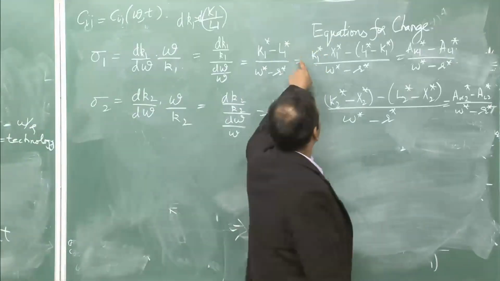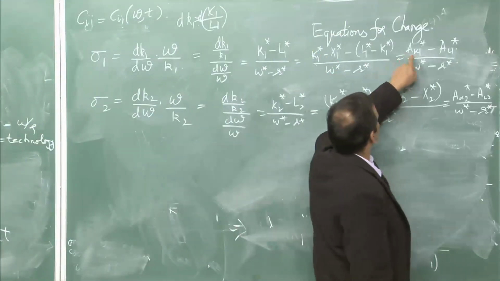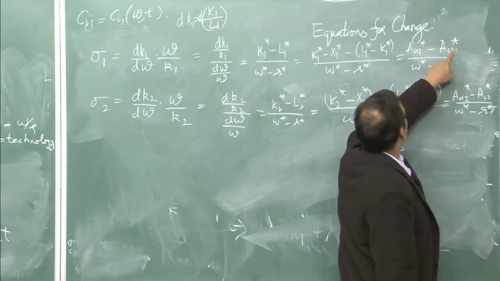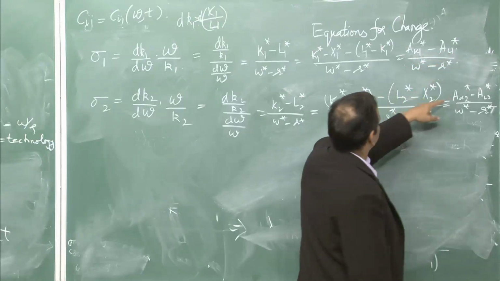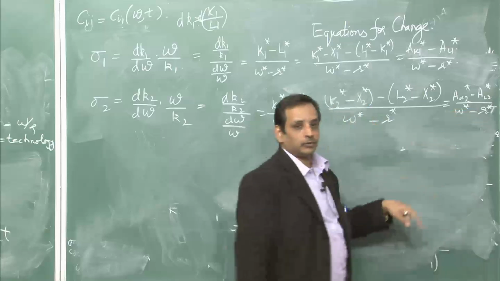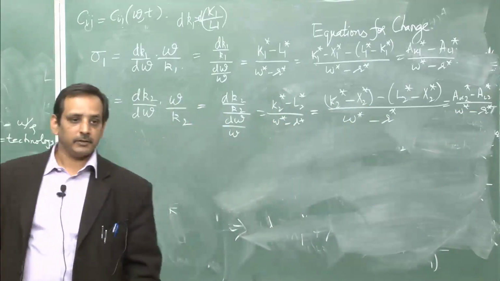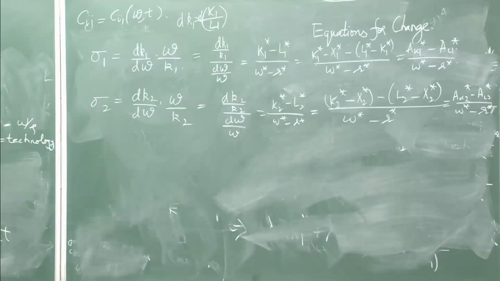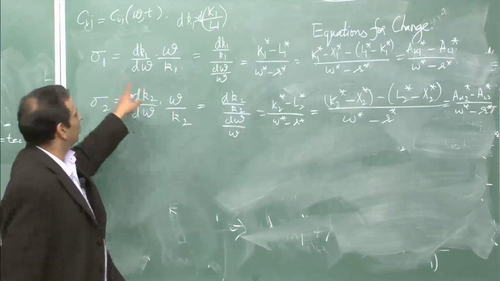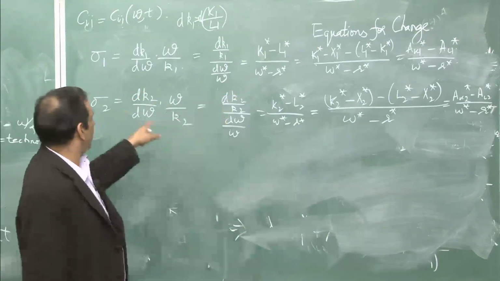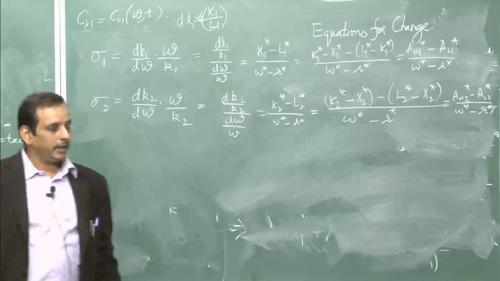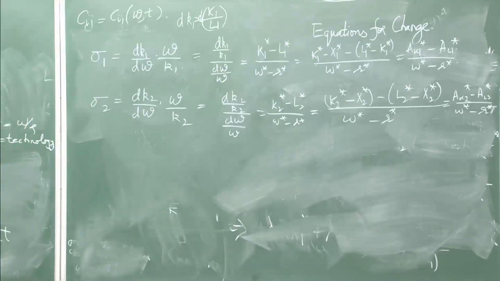So, here keeping technology constant, this becomes ak1 star, this is al1 star, this is ak2 star minus al2 star divided by W star minus R star. So, we will remember this relationship, that sigma 1 is equal to that, sigma 2 is equal to ak2 star minus al2 star divided by W star minus R star.